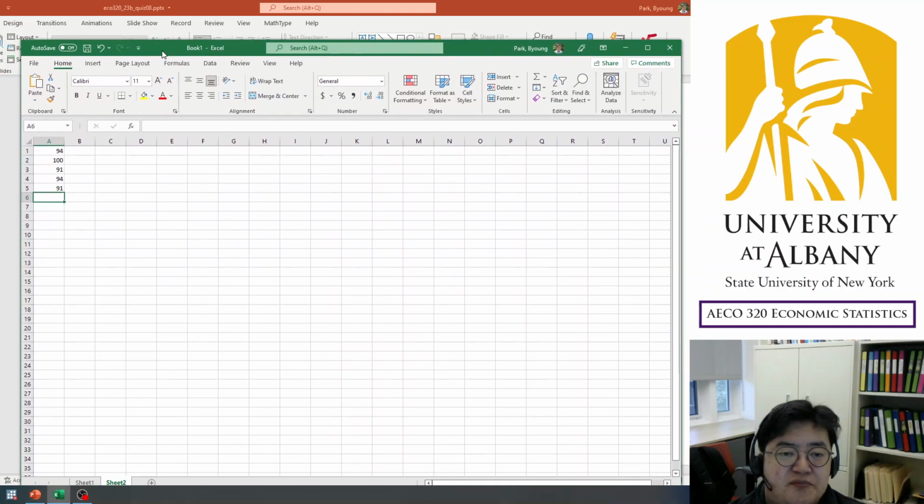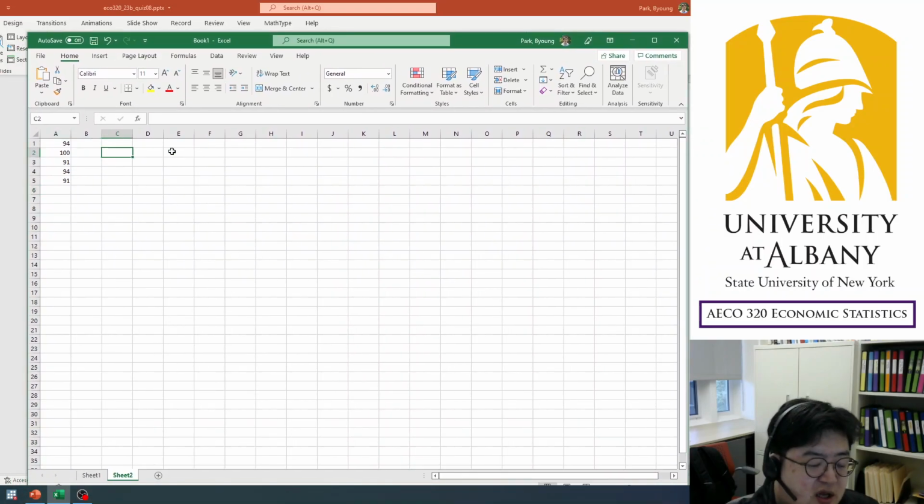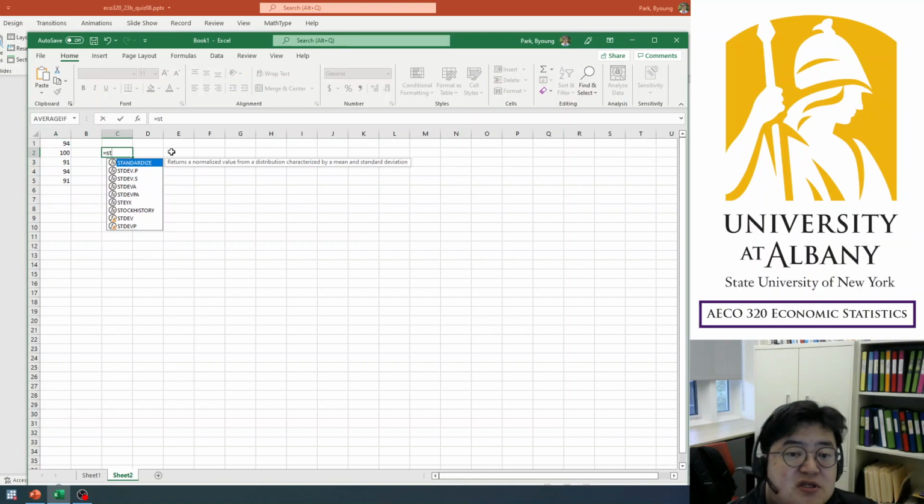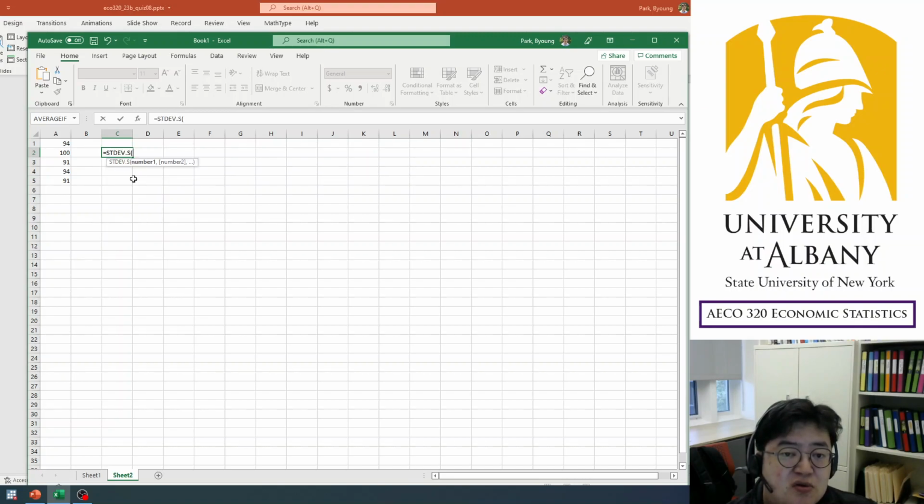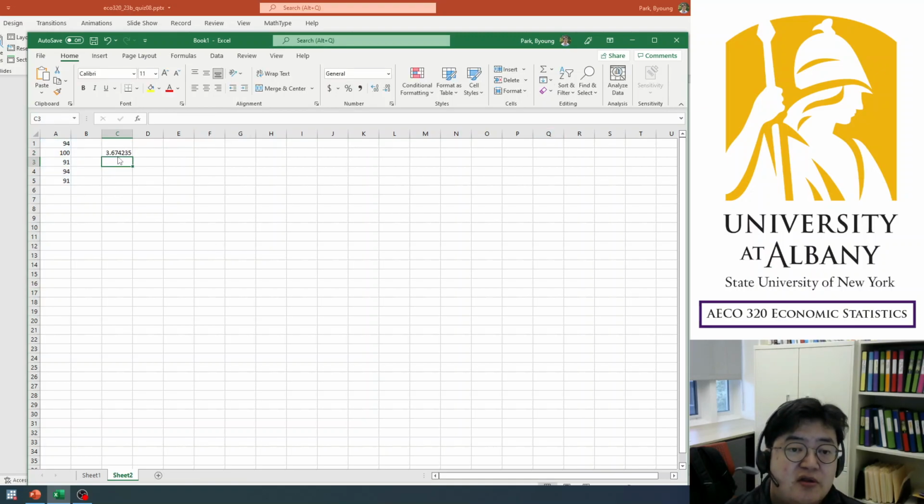And then we can calculate its standard deviation, but standard deviation dot s, because the question tells you to use the sample version. So use this formula STDEV.S, and here choose these numbers and enter. Then you get a standard deviation of 3.674 something, right?